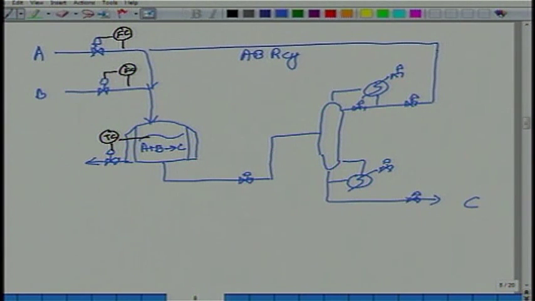Now we need to control the level of the CSTR, which is done this way.